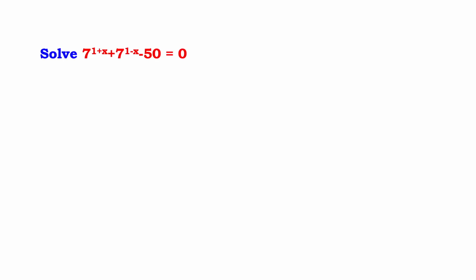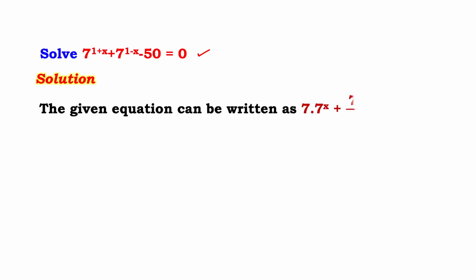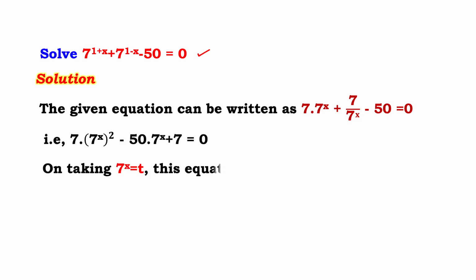Like the first example is given: 7 to the power 1 plus x, and then we have to solve this. Is this a quadratic? We are not able to say whether this is a quadratic or not, but if I rewrite this, then this will be converted into a quadratic. Or we can say if 7 to the power x we assume as t, then this will be converted into 7t square minus 50t plus 7 is equal to 0.